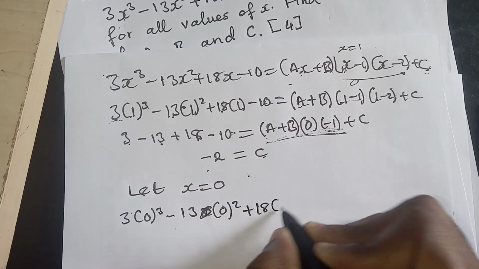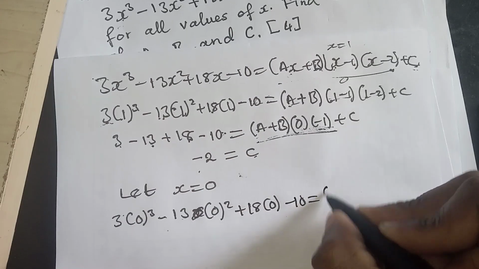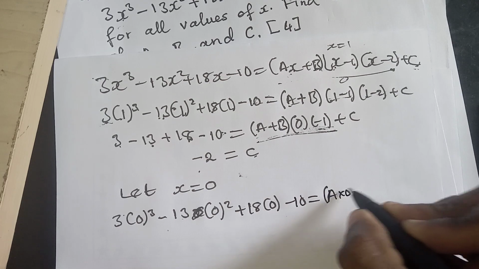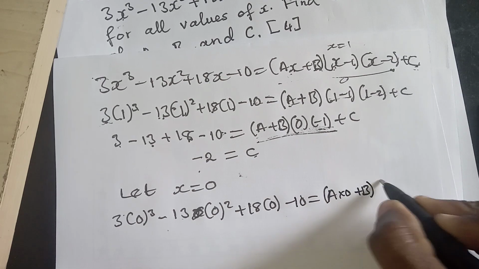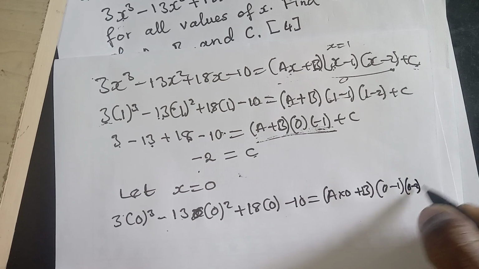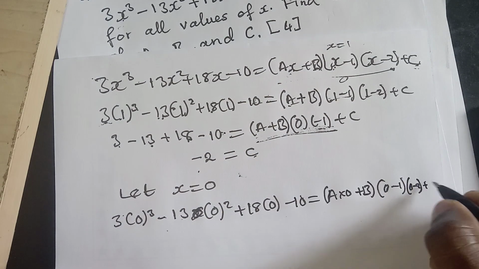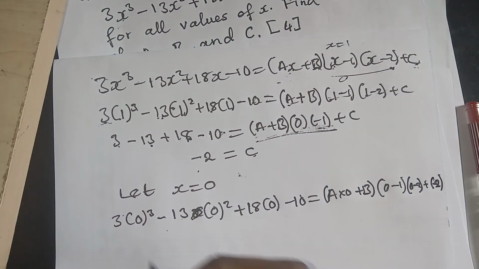Okay, so I have 18 times 0, minus 10, plus (a times 0 plus b)(0 minus 1)(0 minus 2) plus c. But we know that c is negative 2, so you can just put that.